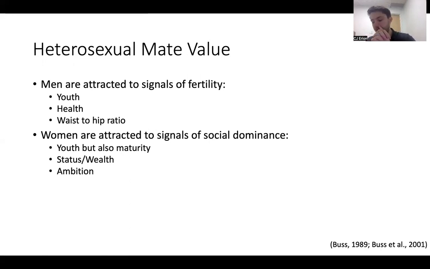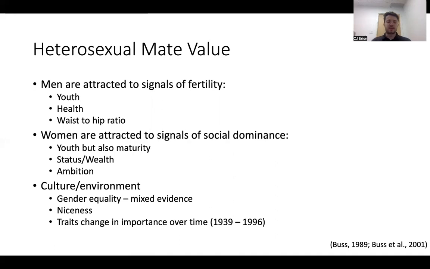This again gets at trying to find a mate who is going to stick around and also be invested in that child. That's where that maturity aspect comes from. Additionally, status and wealth and ambition, based on this theory, would be to provide various resources for the woman, especially when she is pregnant.